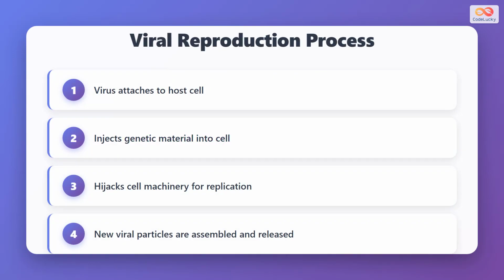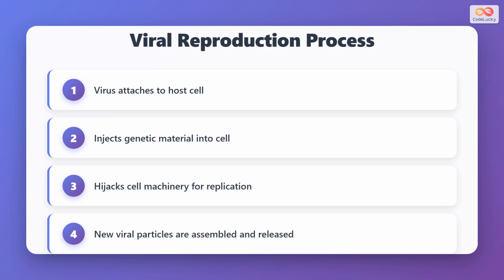The viral reproduction process follows a specific sequence of steps. First, the virus attaches to a host cell using special proteins on its surface that bind to receptors on the cell membrane. Second, the virus injects its genetic material into the host cell, either by penetrating the cell membrane or by being engulfed by the cell.